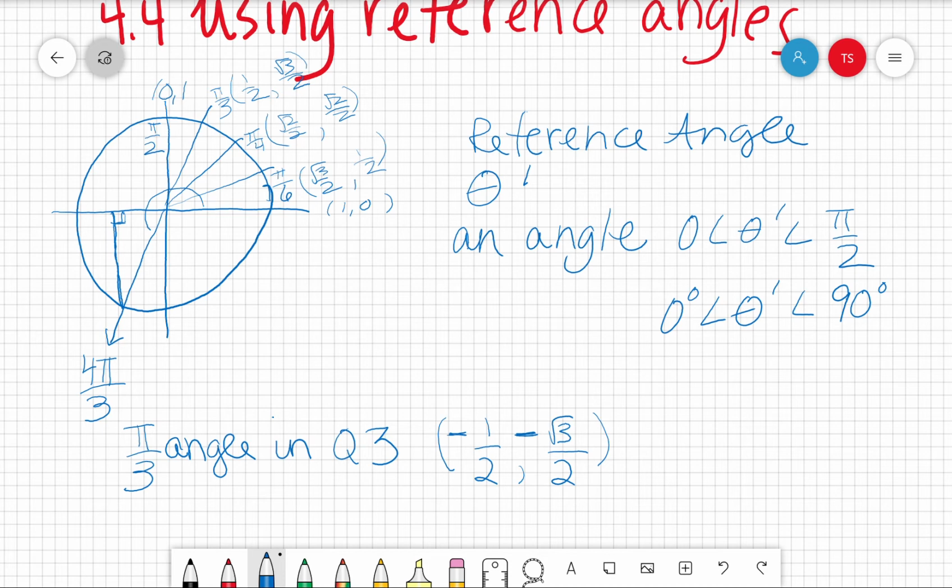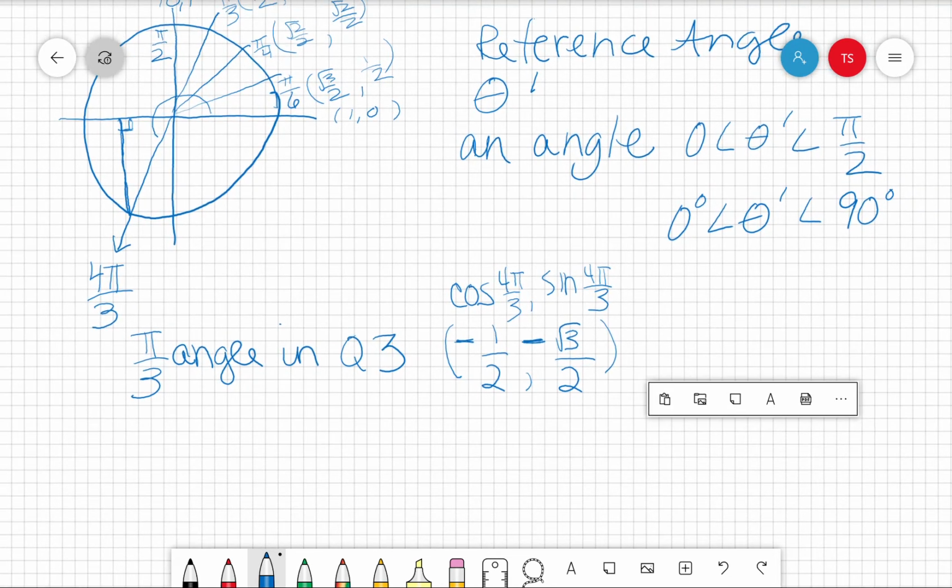And so then you can find all 6 trig ratios just based on what we know about the cosine of 4 pi over 3 and the sine of 4 pi over 3. Use your identities to find the other 4 trig ratios based on that.